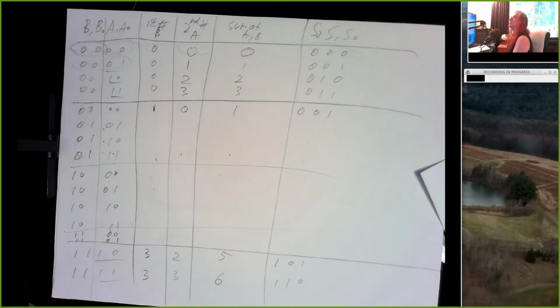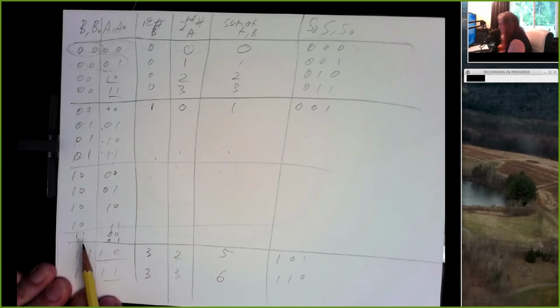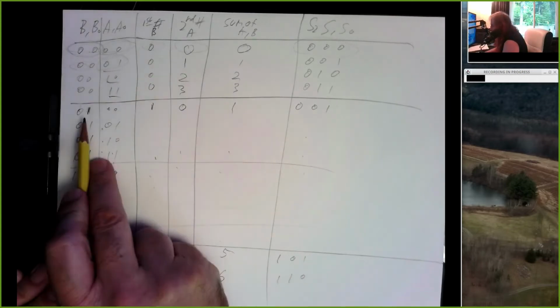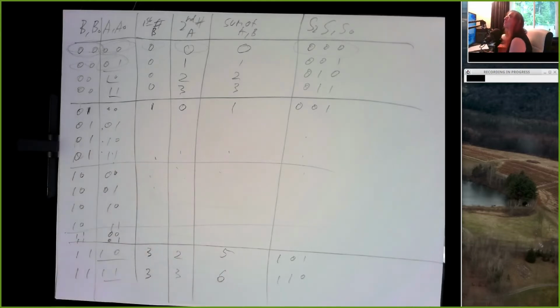All right, that should make more sense. So there's all the different input combinations, and so yes. So thank you. Yeah, those should have been swapped. So here B is a 1, A is a 0. Here B would be a 1, A would be a 1, and so on.